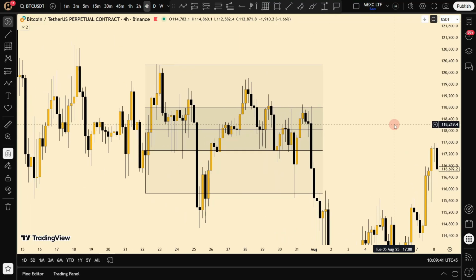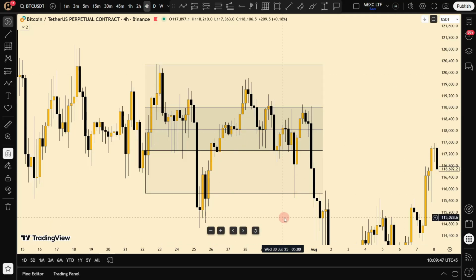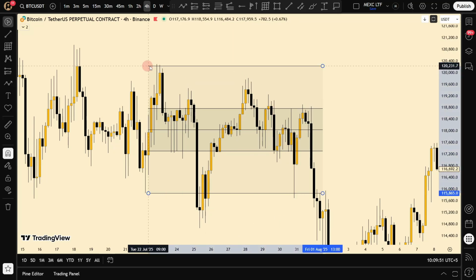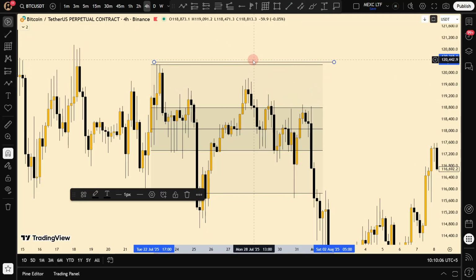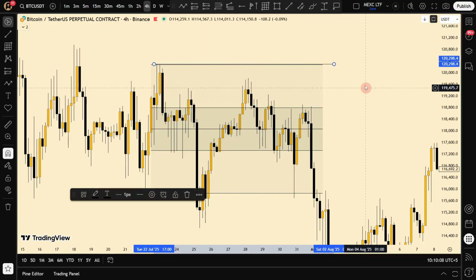Now the whole point of the glitch or the zones is that it gives us a parameter to trade within. Now obviously we know that if a low or a high, in this case if this high, is cleared out, the structure shifts, right? So we obviously have an invalidation of the trend. The trend changes if this high is taken.